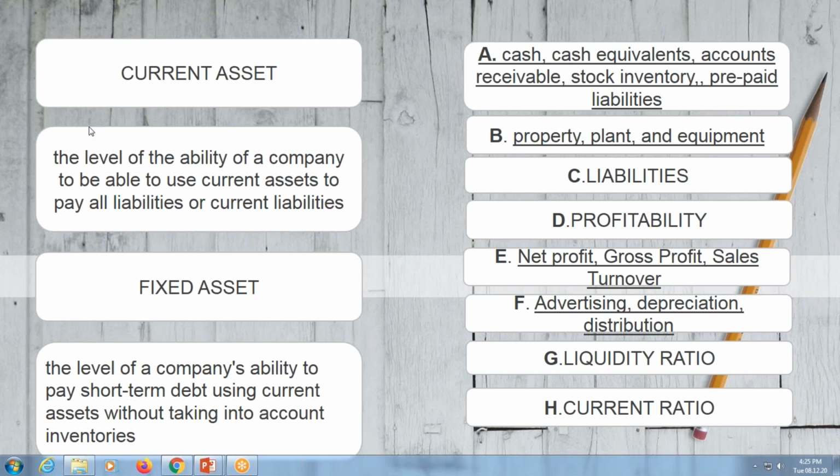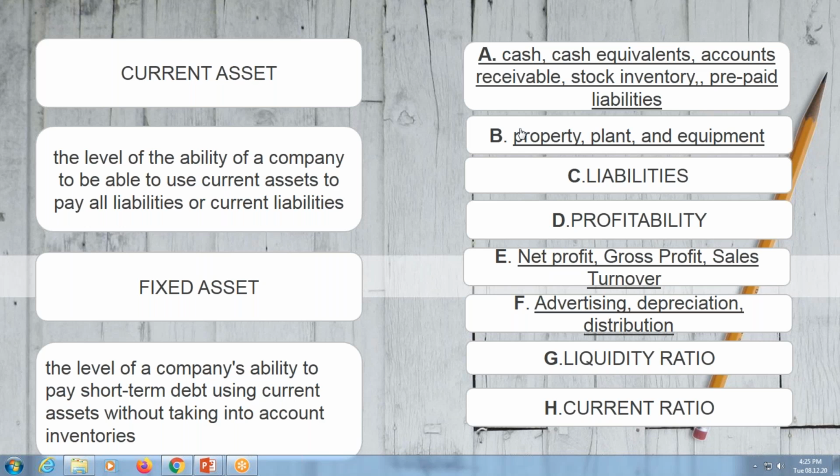Number one is current asset. Helena, which of the statements is correct with the sentence in the other column? Should I choose one of the choices from A until H? Yes.